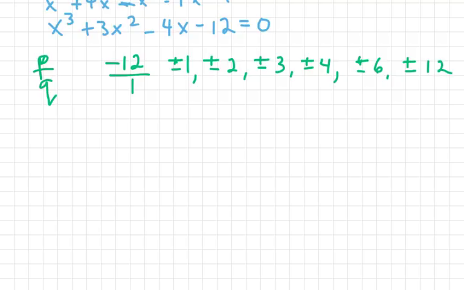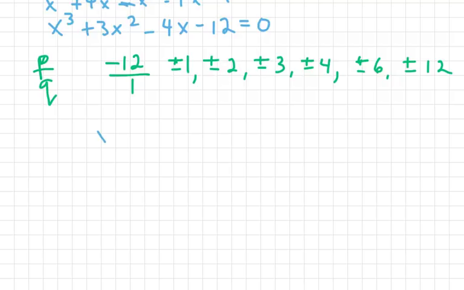Since 1 is the denominator, we don't really need to include it. But if it was something different, obviously we'd have more possible solutions. So we have to decide to try something out here. And I always think 1 is a good place to start, so let's try that out.